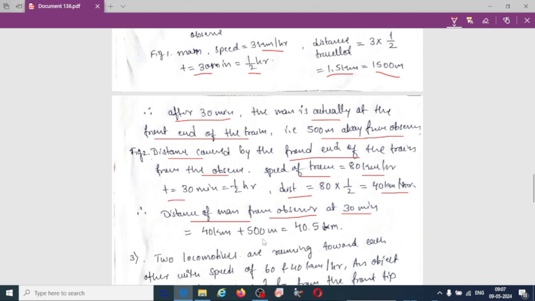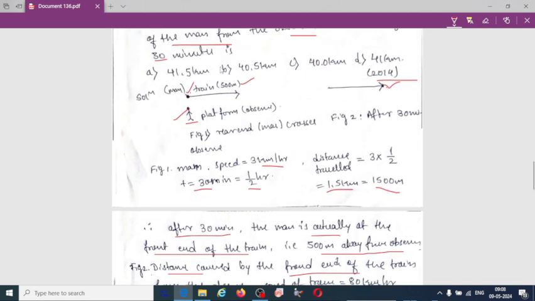The train is going to cover 40 km and the man is at the front end after 30 minutes, and the actual distance from the observer for the man is 500 meter. So 40.5 km total distance of the man from the observer. Okay. So this is how you can calculate. Option B is correct here.